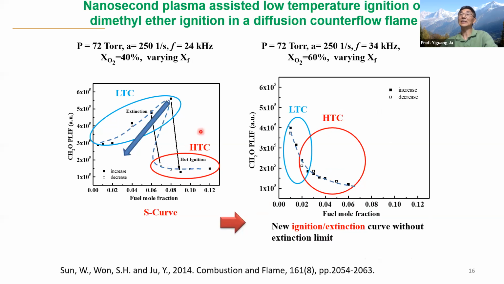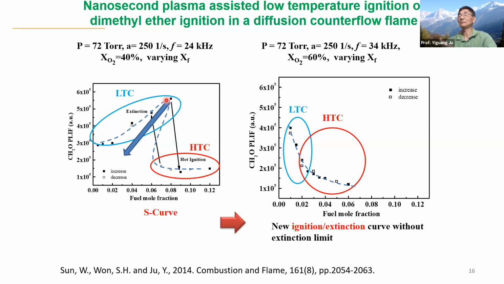For example, at 672 torr, with increased plasma frequency and oxygen concentration, plasma can enhance low temperature chemistry at a very low fuel concentration, and the transition from low temperature combustion to hot combustion is smooth. That means you are accelerating the flame from a cool flame to a high temperature flame very smoothly without a reignition process. So again, this clearly shows that plasma plays a big role in low temperature flames.